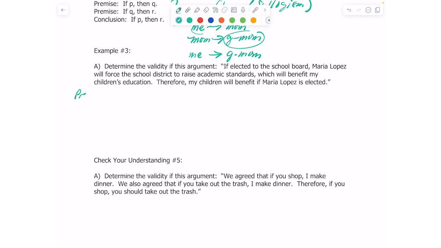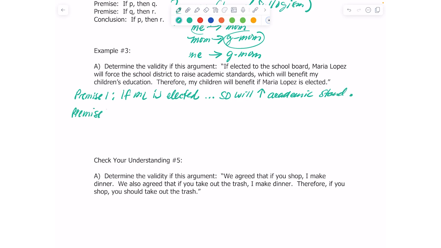So premise one is something like, if Maria Lopez is elected, then what will happen? The school district will raise academic standards. Okay.